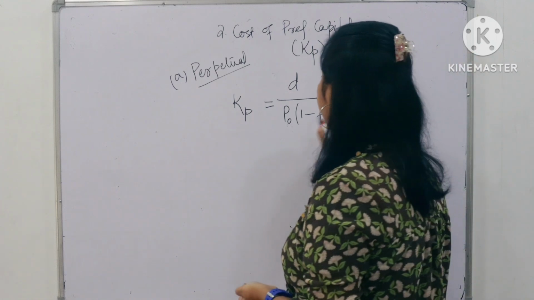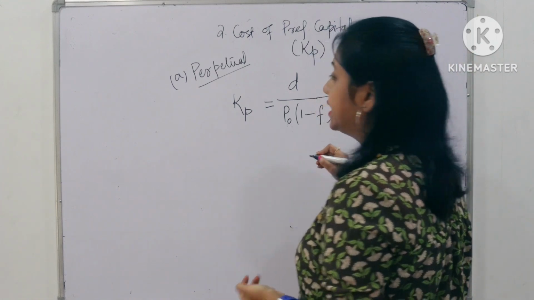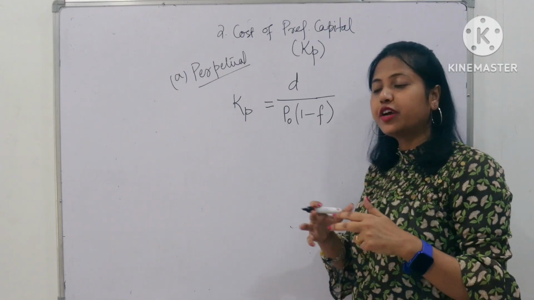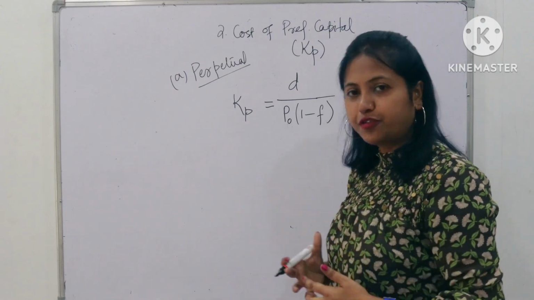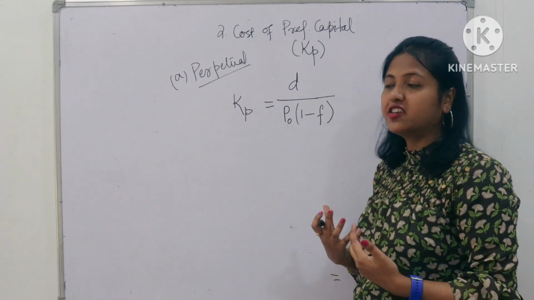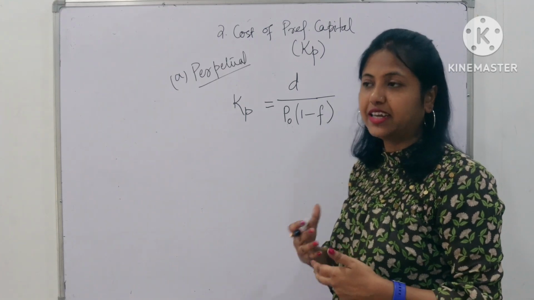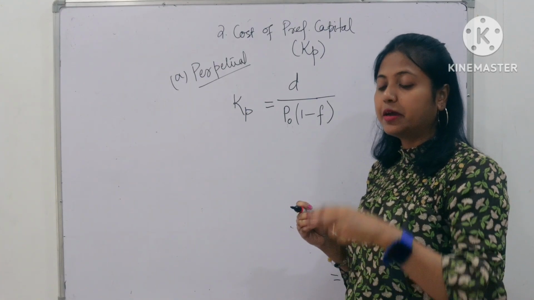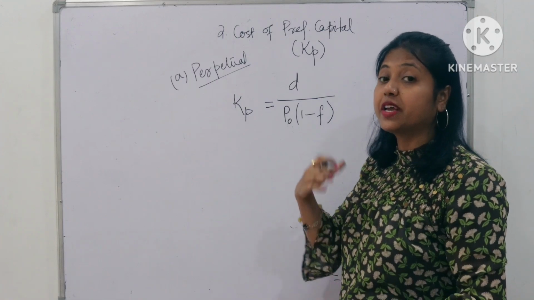Now friends, when we did the cost of debt, I told you there is a tax advantage. Whenever we are raising funds through borrowed funds, we are getting an advantage because the interest is tax deductible. That means when you are paying tax, the amount of tax reduces if you are paying interest.